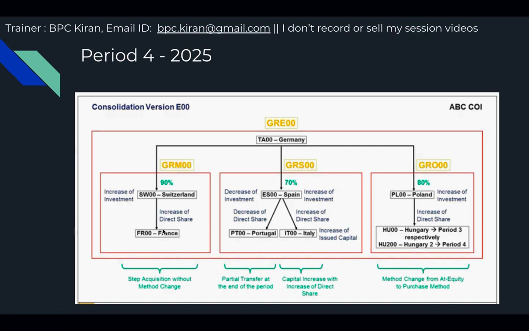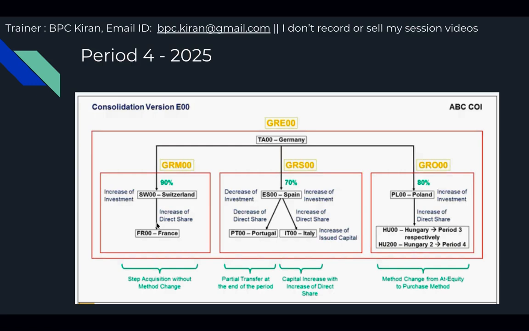What is the activity for this step acquisition? What are the sub items you have to use? If you remember, 901 is a sub item, which is the incoming unit, and 998 is the outgoing unit. How to use these sub items to calculate this particular step acquisition, and how to link your investment increase?